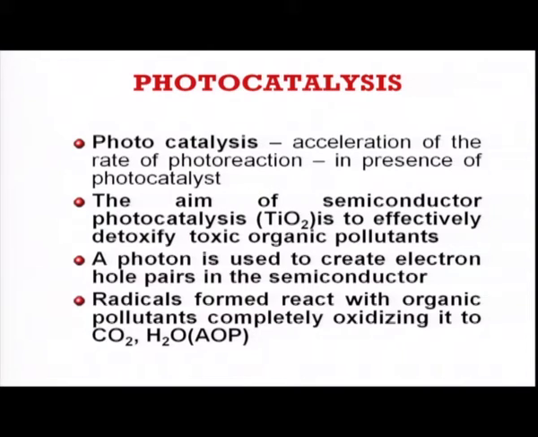Photolysis we have already discussed. Photocatalysis is the acceleration of the rate of photoreaction in the presence of a photocatalyst. Photolysis occurs by absorption of light, and when this reaction rate is accelerated with a catalyst material, it is called photocatalysis.